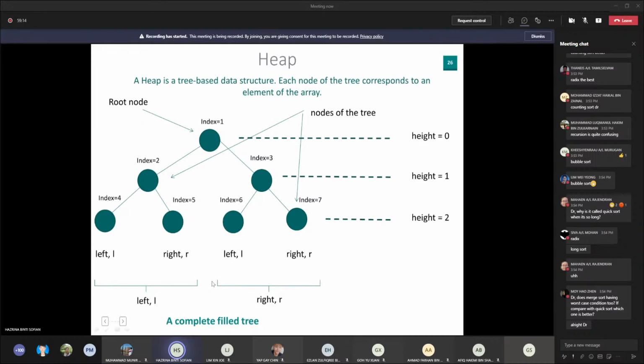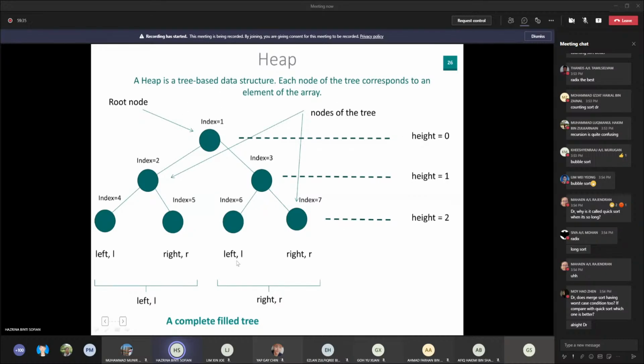In order to build a heap, we need to insert the elements of the array top to bottom, left to right. That is why it's index 1, 2, 3, 4, 5, 6, 7.